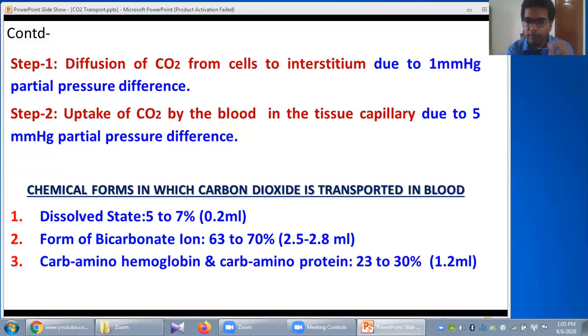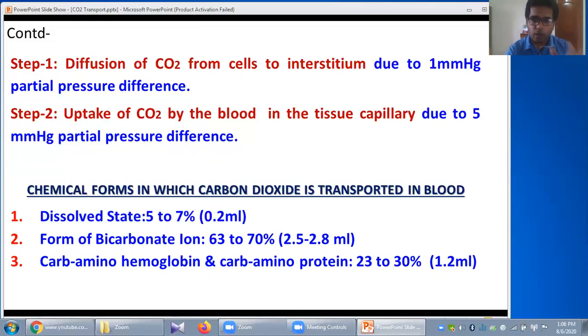And you have already known that some carbon dioxide will also be transported as carbamino compounds, carbamino hemoglobin and carbamino protein, 23 to 30% or equivalent to 1.2 ml. But among these two forms, carbamino hemoglobin is most important because hemoglobin concentration is higher than the plasma protein concentration. Is it clear? So these are the three basic chemical forms by which carbon dioxide will be transported from tissue to the lung.